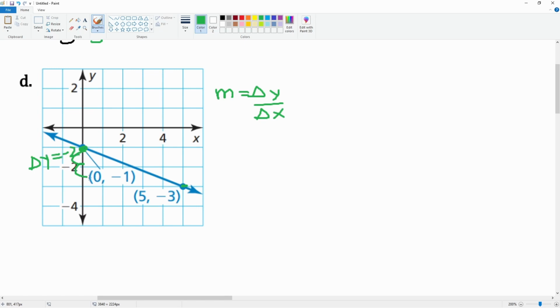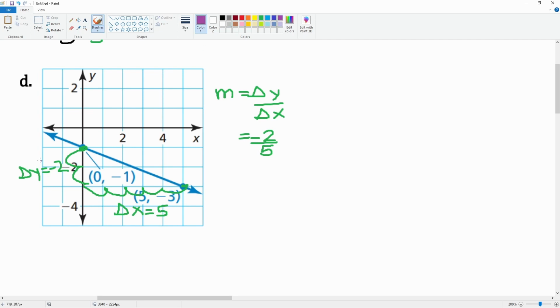Let me draw this better. 1, 2. Delta y is -2. Then it goes 1, 2, 3, 4, 5. Delta x is equal to 5. So the slope is delta y, which is -2, divided by delta x, which is 5. So that is the slope, right?